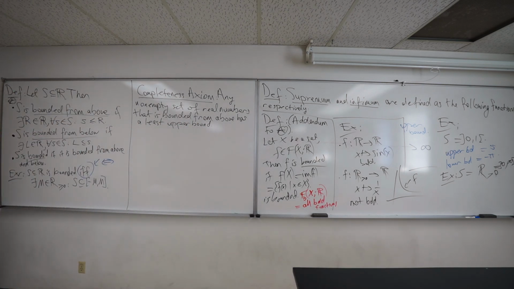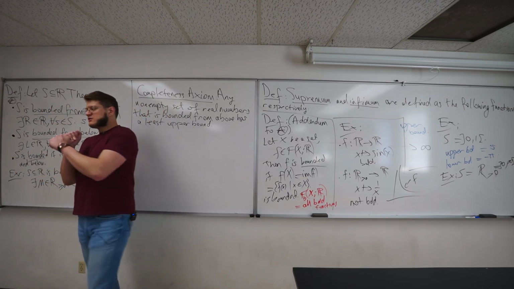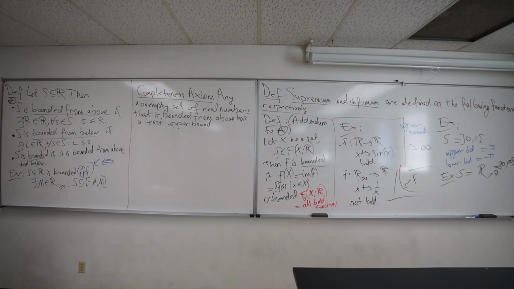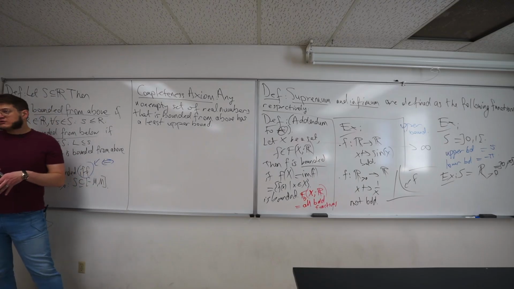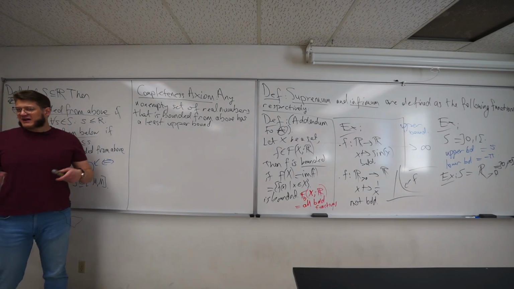So for instance, one of the major theorems in week 4, I think, after we discuss sequences and after we define continuity, will be that any continuous function defined on a closed and bounded interval is automatically bounded. This is what is called the maximum principle.